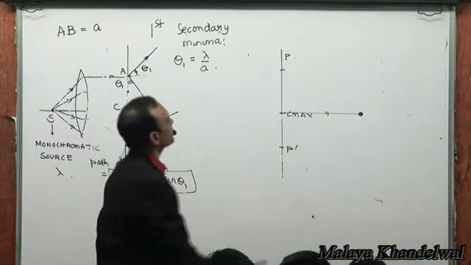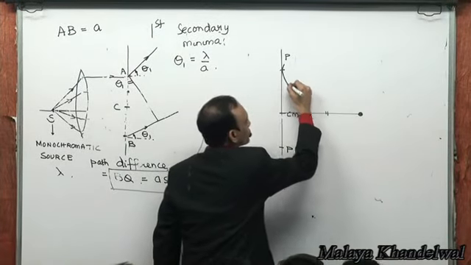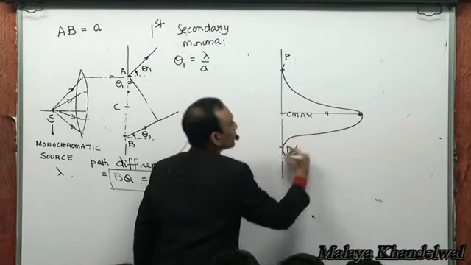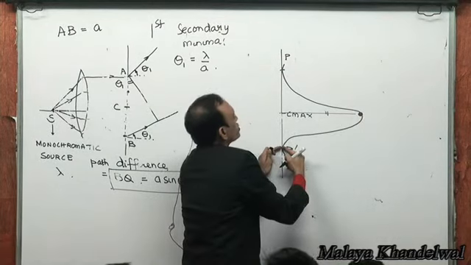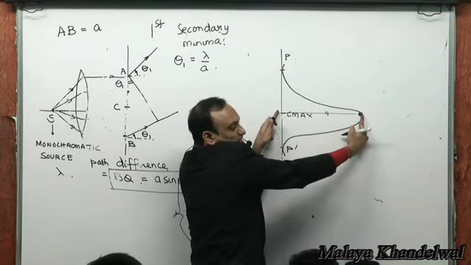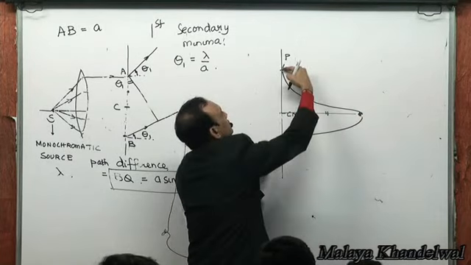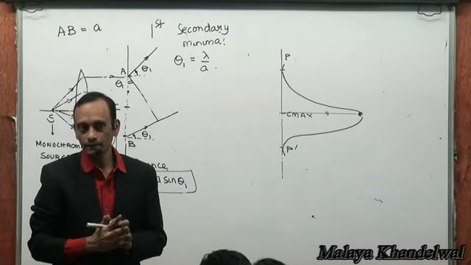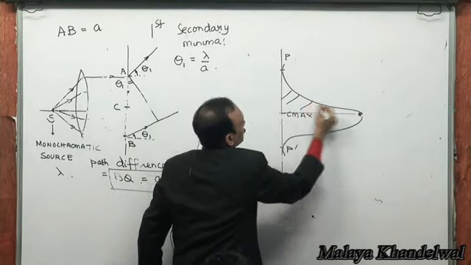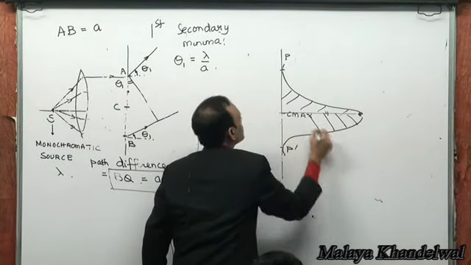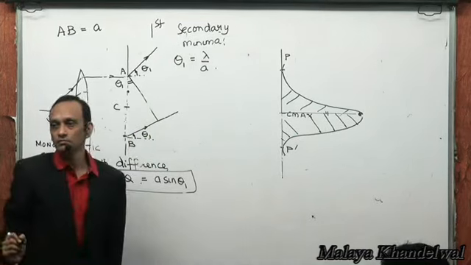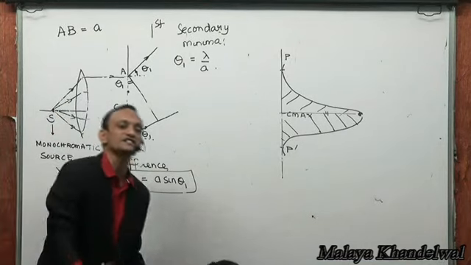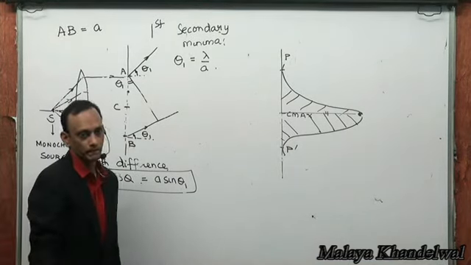Intensity varies from maximum at the central maximum to 0 at the first order secondary minima. This is the region around the central maximum where you see greatest intensity of the beam.